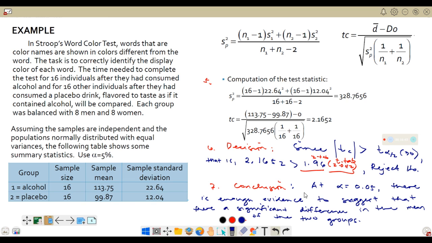Pwede rin naman na sabihin nyo na at 0.05 level of significance, there is enough evidence to suggest that the mean time needed to complete the test of the individuals who consumed alcohol is not equal to the mean time needed to complete the test by individuals who consumed placebo drink. Okay? So, kayo yung bahala kung paano nyo ipepresent yung conclusion nyo. As long as ang sinasabi dyan ay magkaiba yung mean ng dalawang grupo, tatanggapin ko yon.